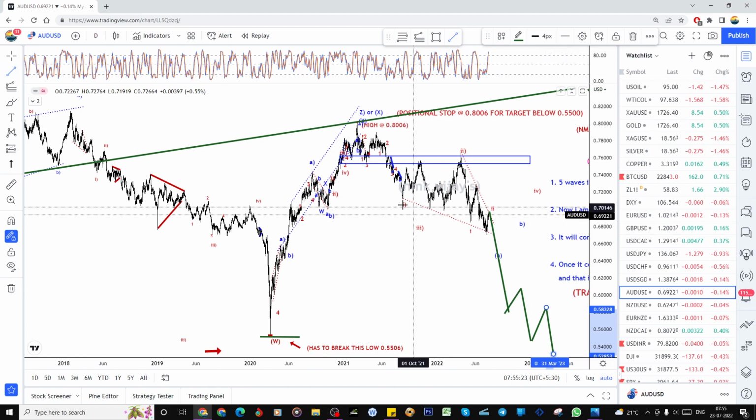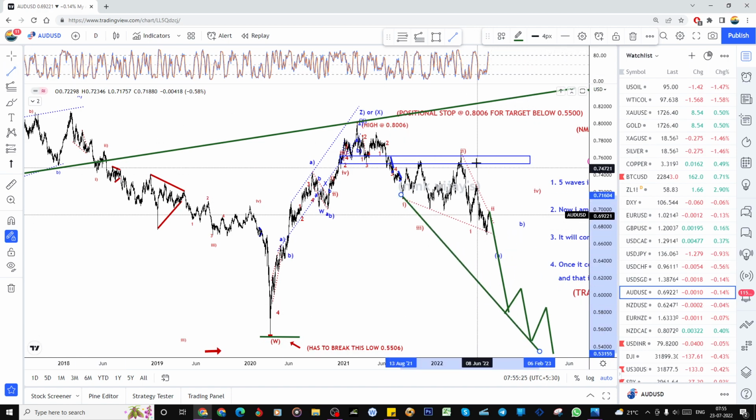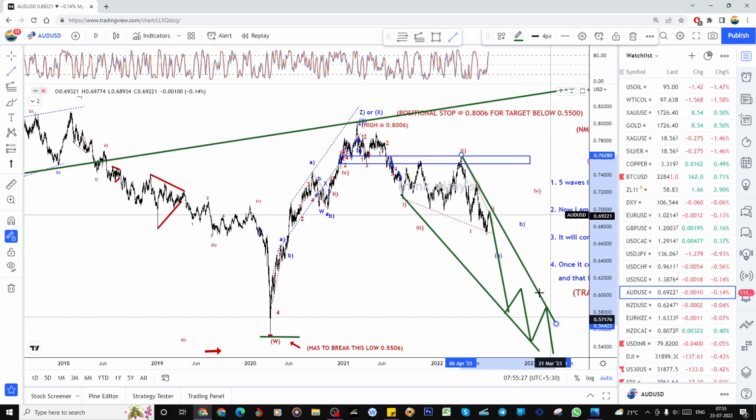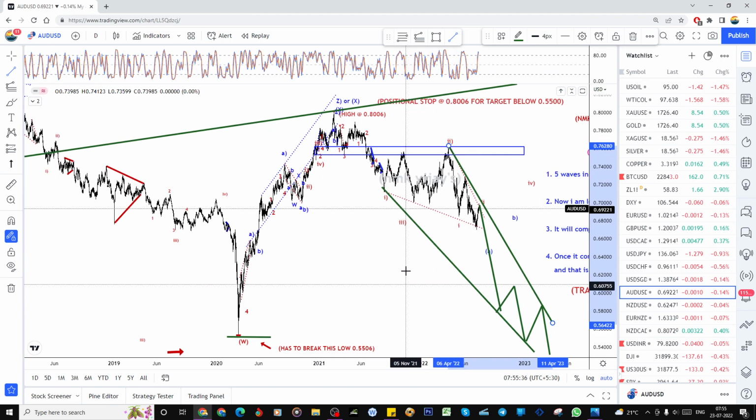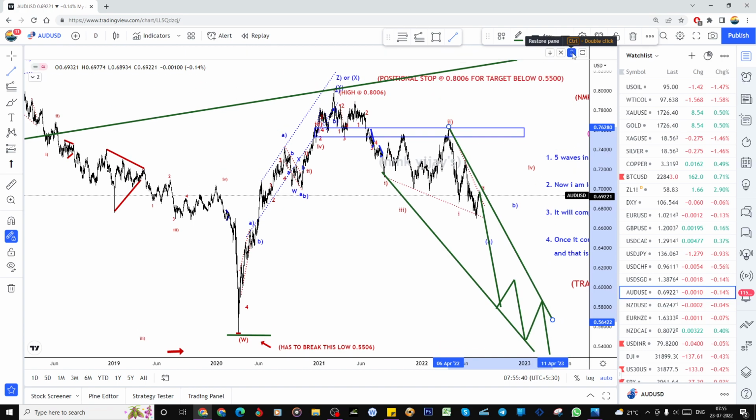And later onwards, this is the channel, or it's a wedge formation. So why am I looking like this? This is the 1, this is the 2. Always the 3 waves. This one, the third wave, has got extended.